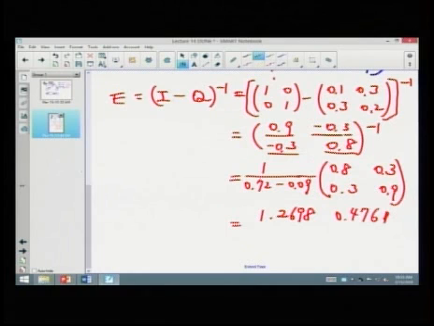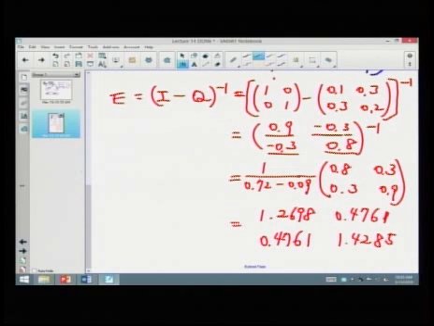And then here 0.476, 1.85. Thank you. So this is our E matrix.